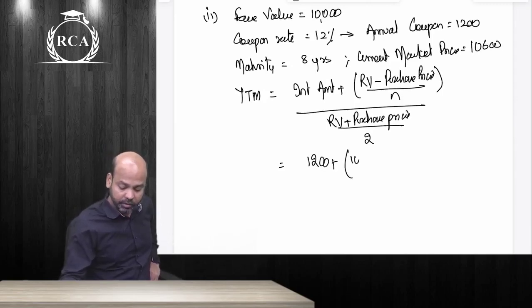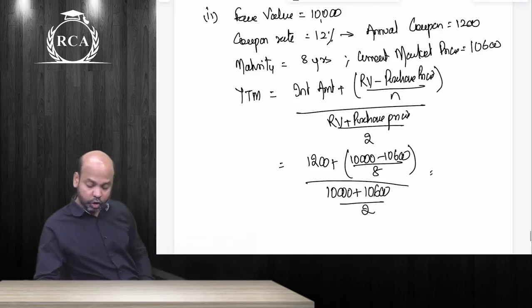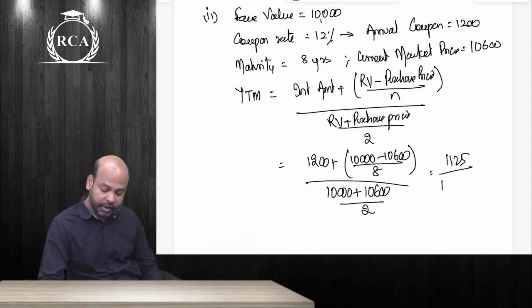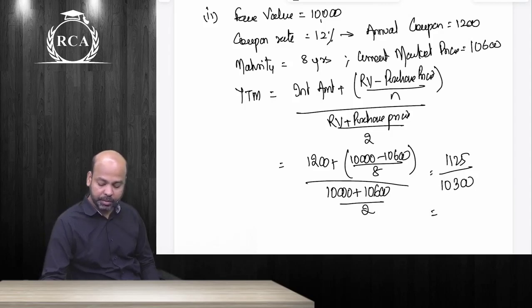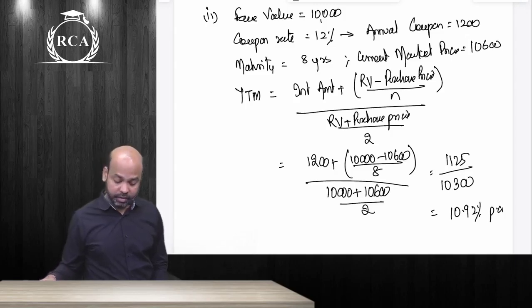Redemption value 10,000 minus 600 divided by 8, whole divided by 10,000 plus 10,600 divided by 2. So you will have numerator में minus 75, so 1125 divided by 10,300, 10.92% per annum. Your effective return would be 10.292% per annum.